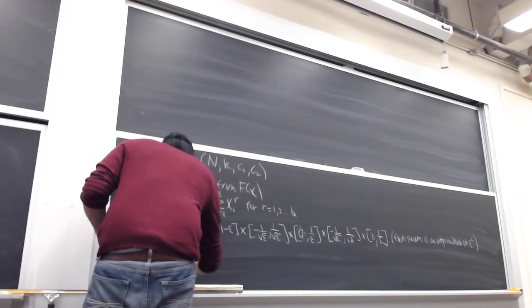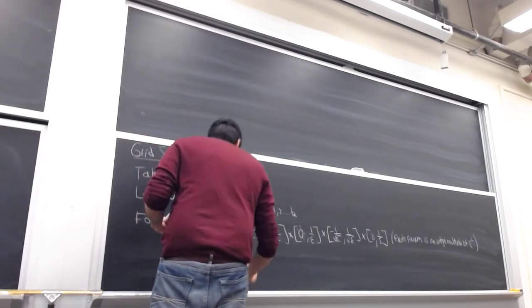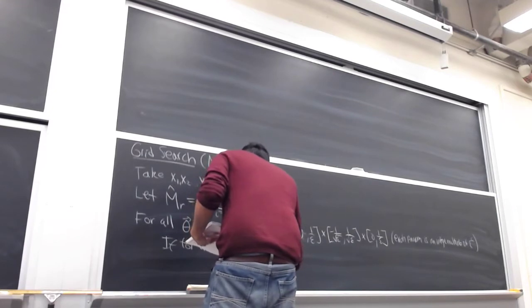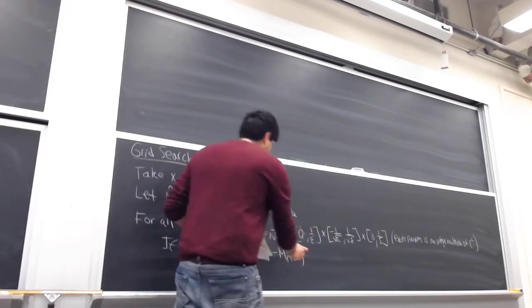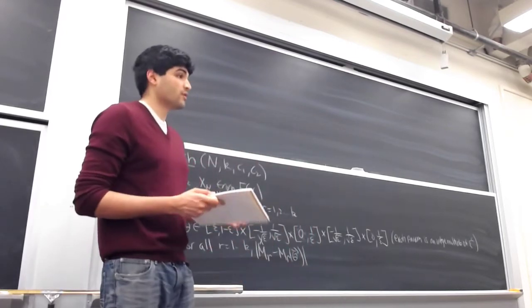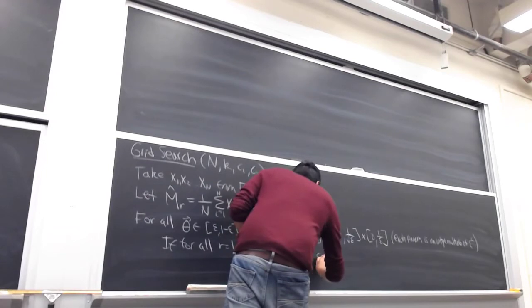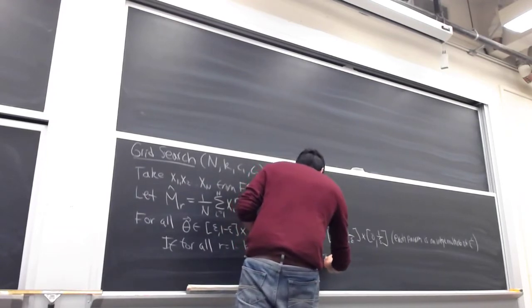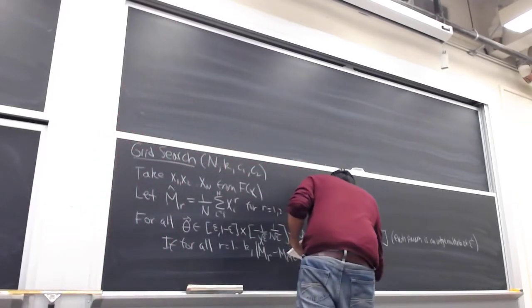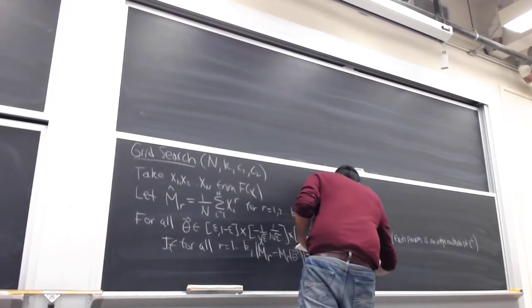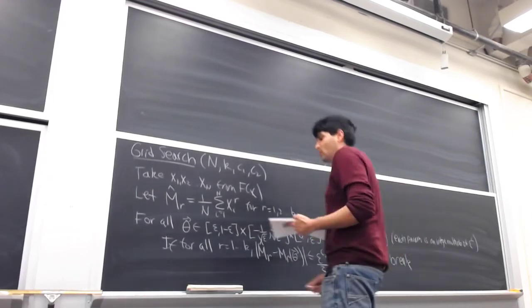So if for all r, 1 to k, we have that m_r hat minus m_r of theta, recall that this is the analytic prediction for what the r-th moment should be if these are the true parameters, is at most epsilon to the C2, I'm actually going to divide this by 2 for reasons that will be clear later, then we output theta, and we grid. So that's it.